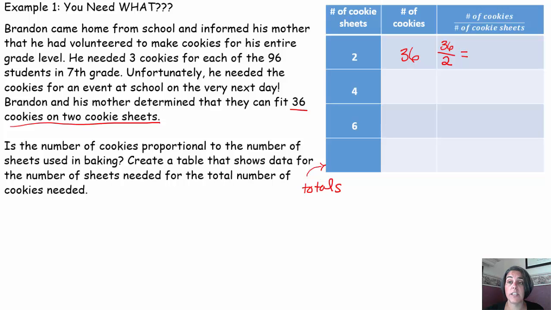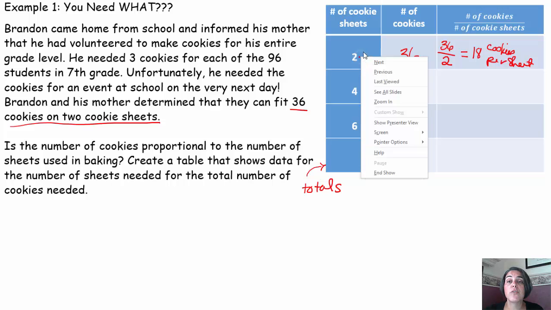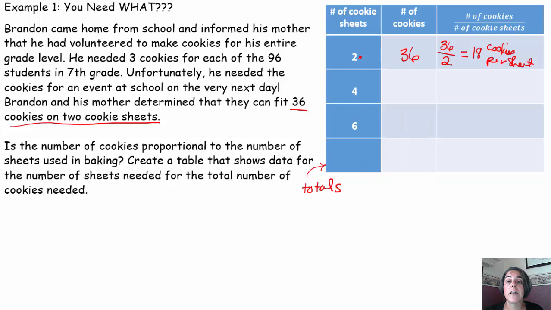Use your calculator if you need. That'll give you 18 cookies per sheet. And that's your constant of proportionality. Here, what that says is we can do 2 times 18 to get us 36.